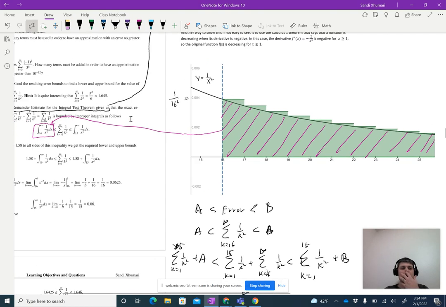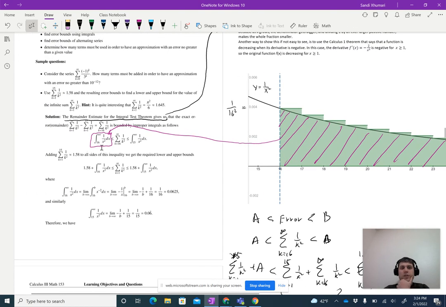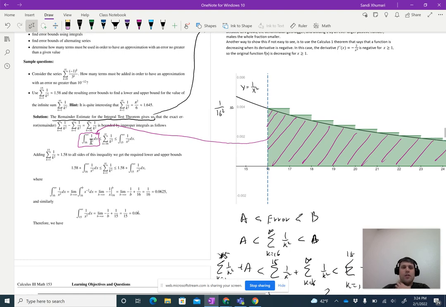And I know how to find this integral. You can find an antiderivative, and then use limits to plug in the endpoints and subtract. That's an improper integral. It's not too hard to solve. So we'll do that over here.